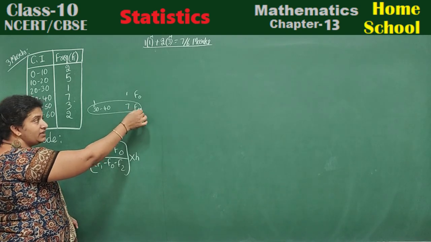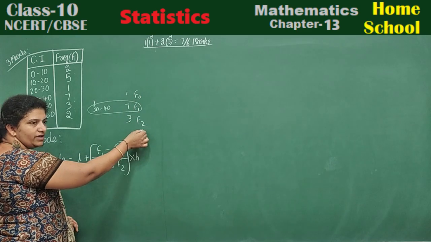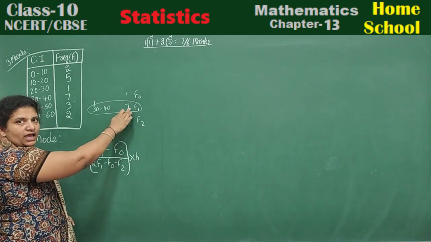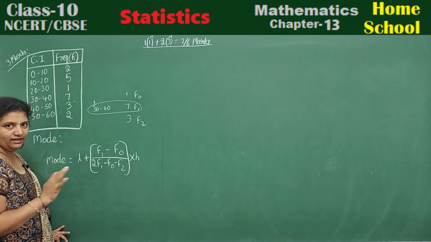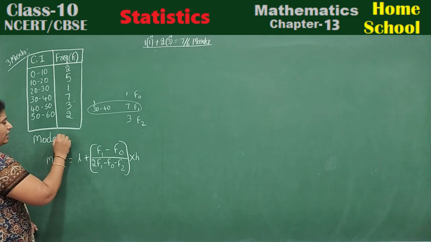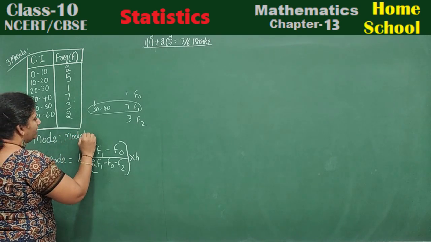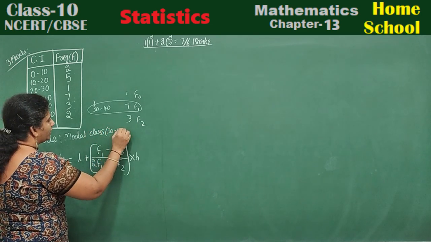Just identify 7 and put the one above as F0, the one below as F2, and this is L. Let us substitute here. The modal class is 30 to 40.